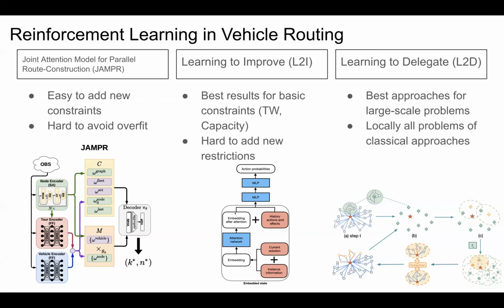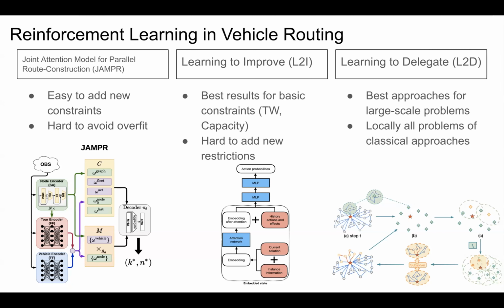The second reinforcement learning approach is named learning to improve, a class of approaches that try to build learnable neural heuristics like the classic ones, but with additional network information, with additional learnable network heuristics. The main approach here is to optimize the first feasible solution with predefined steps.